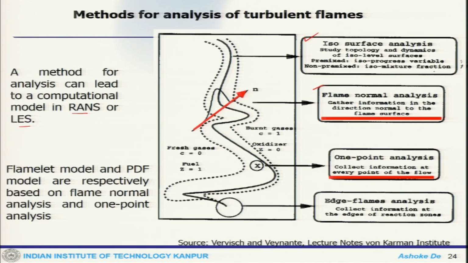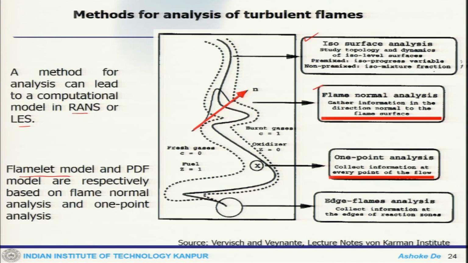There you gather information in the direction normal to the flame surface and do the analysis, or you can have some point analysis which collects information at every point, or edge flame analysis. Flamelet models or PDF models are respectively based on flame normal analysis and one-point analysis.